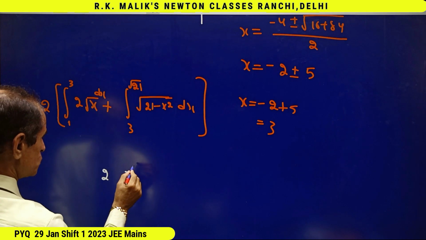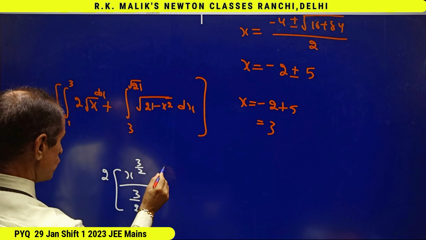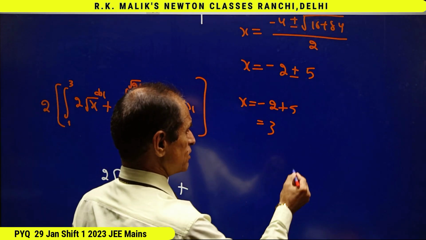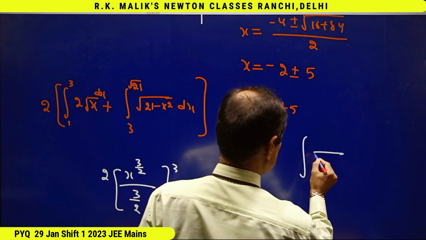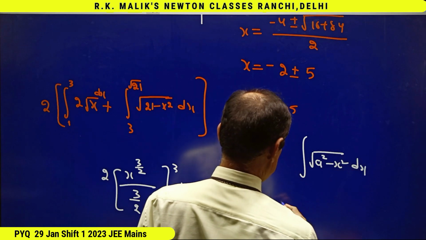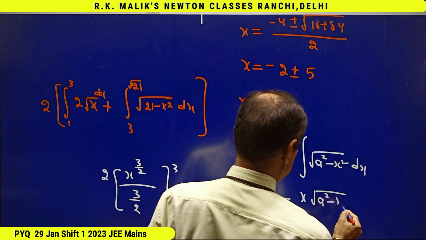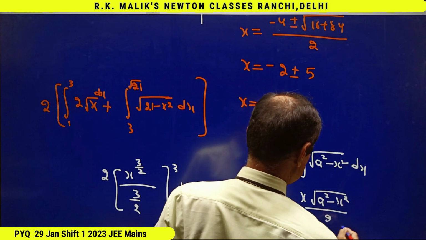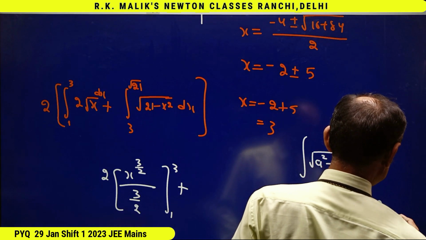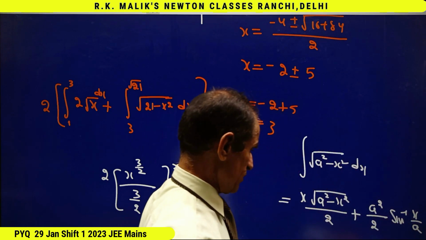2 into x power 3 by 2 upon 3 by 2, from 1 to 3, plus, we know that the integral of under root a square minus x square dx is x under root a square minus x square by 2 plus a square by 2 sin inverse x by a.